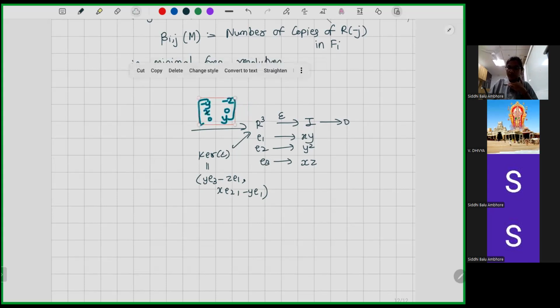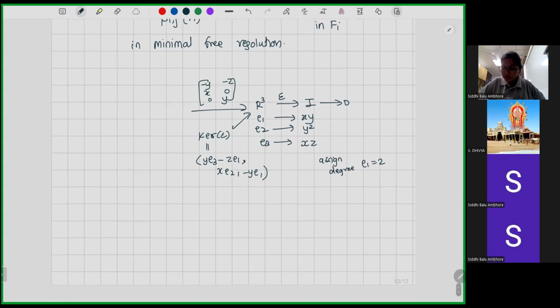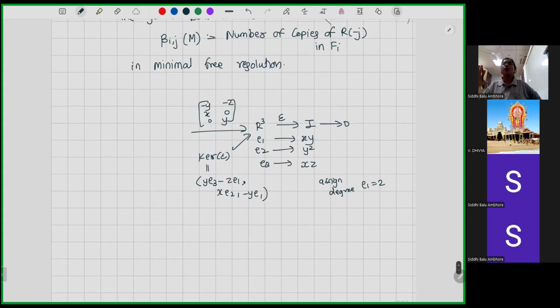But now note that E1 also needs to have a degree so that this becomes a degree preserving map, right? So I assign the degree of E1 to be 2.